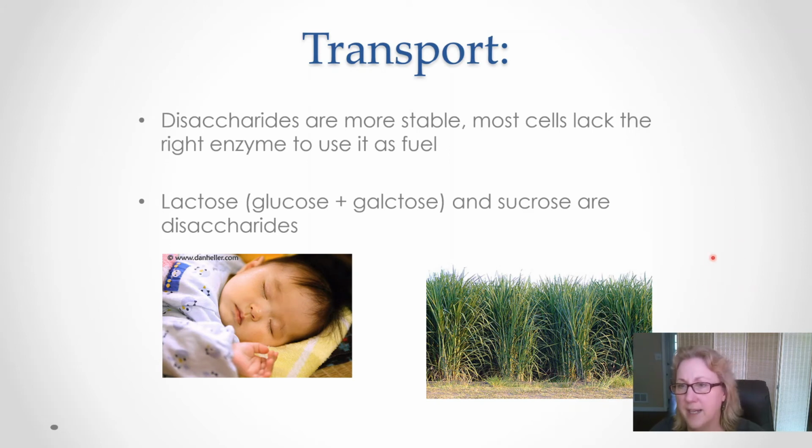So disaccharides are important in both animals and in plants because we say they're more stable. Not actually chemically more stable, but because cells that lack the right enzyme to break them into their two monosaccharides can't use them. So they're good for storage. So in plants, this is sugarcane here, and beets do the same thing.